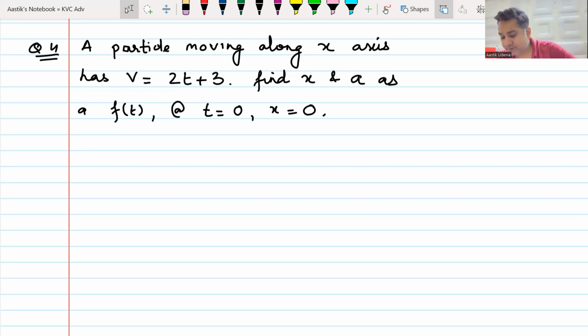Acceleration is correct, Shruti. What about the position of the particle as a function of time? So how do I solve this?